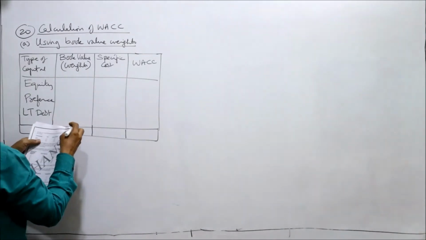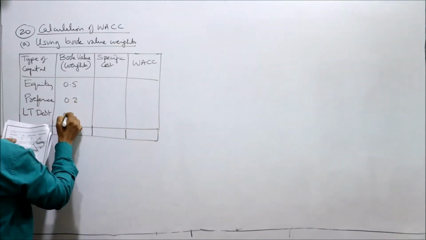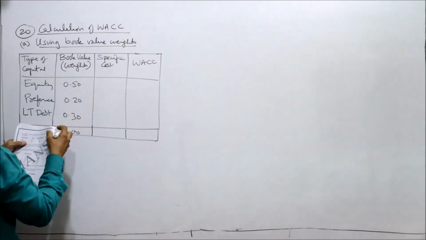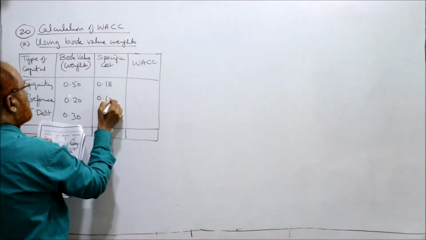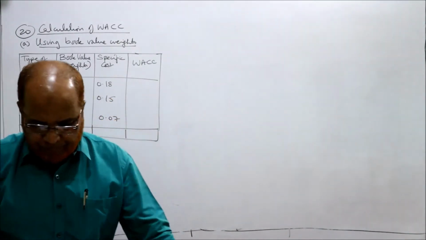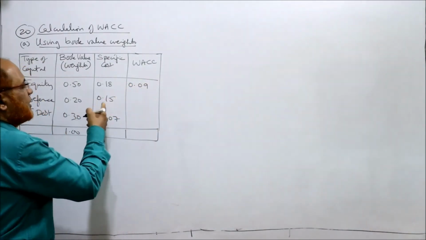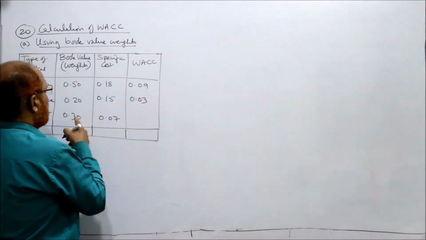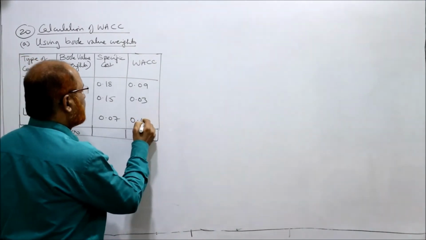The book value weights are 0.5, 0.2, 0.3. The total is 1. Then the specific costs are 0.18, 0.15 and 0.07. Now if you multiply, you will get 0.09. Here 0.2 into 0.15 is 0.03. 0.3 into 0.07, you will get 0.021.